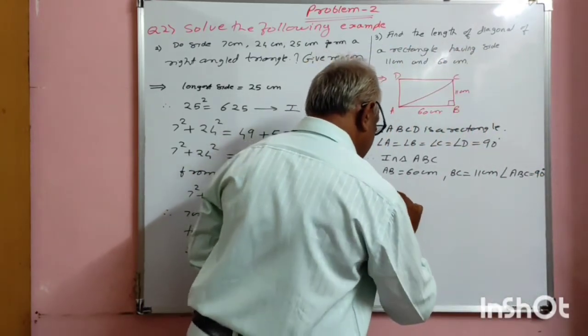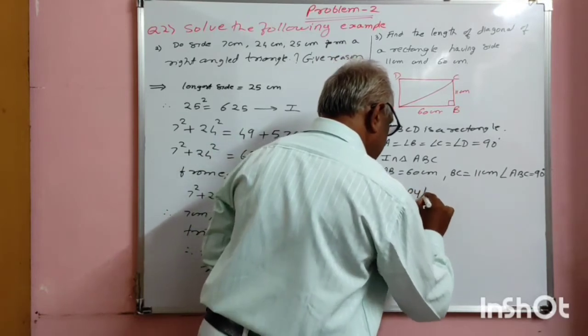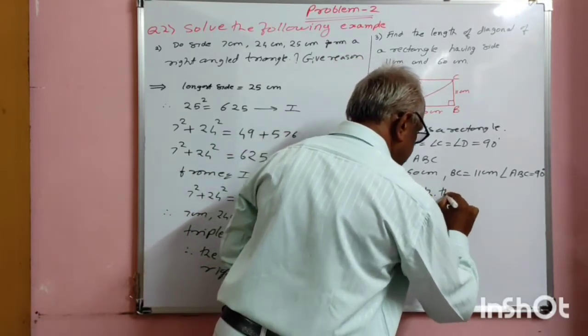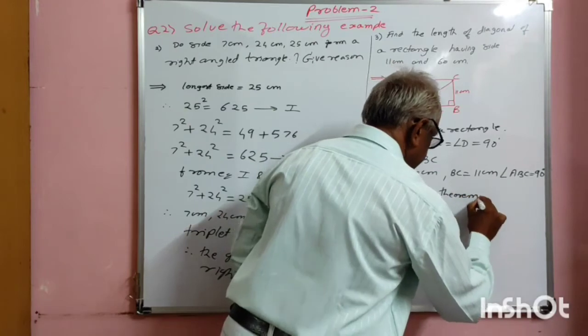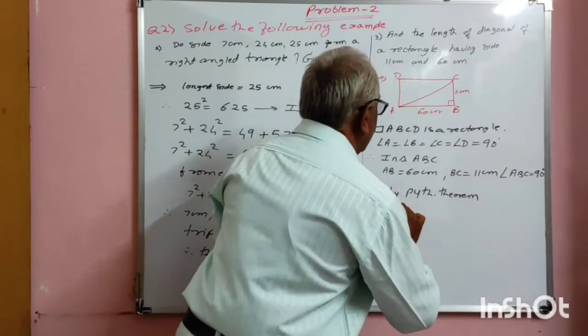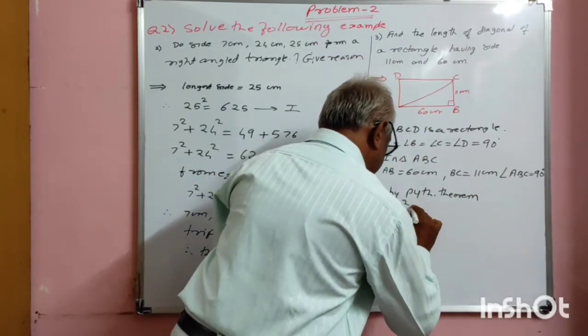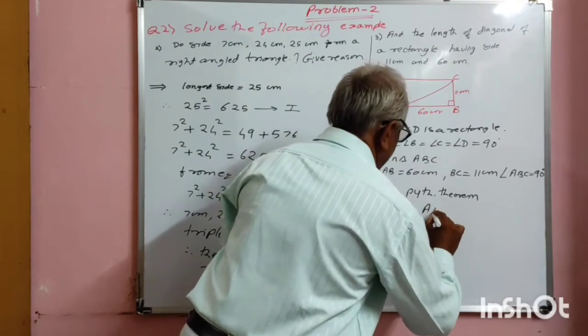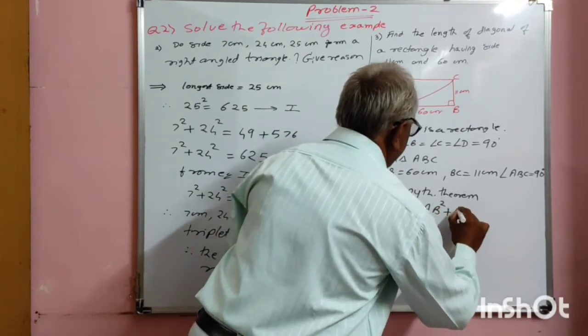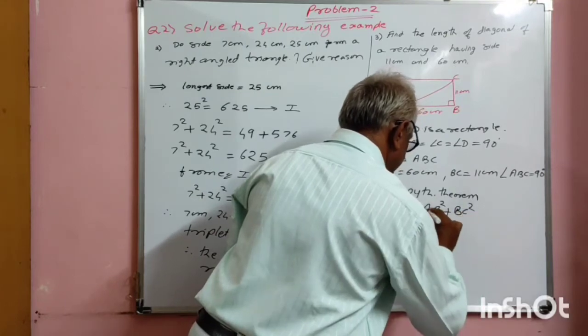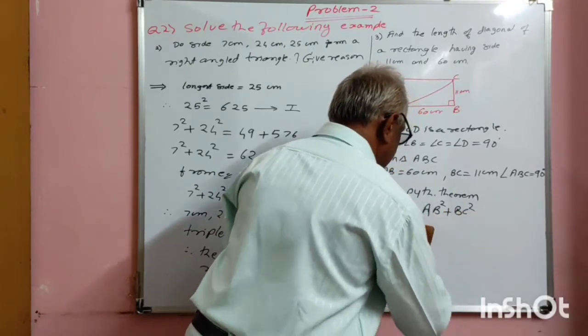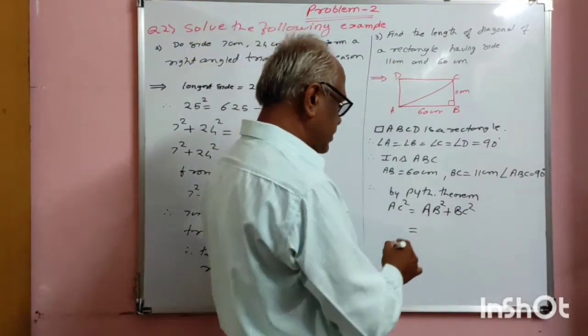Therefore, by Pythagoras theorem, AC square is equal to AB square plus BC square. AC we are going to find, that is the length of the diagonal.